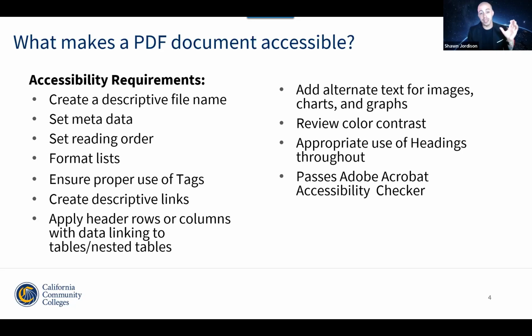Now, it should be known that the Adobe Acrobat checker does not guarantee any level of compliance. It is what Adobe has sort of said, hey, we think this is accessible. But just because it passes the checker does not mean it's accessible. However, after you apply all the other bullets, it's a decent indicator to verify your work.